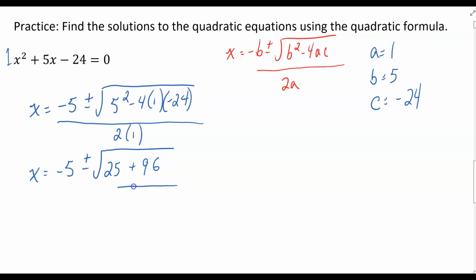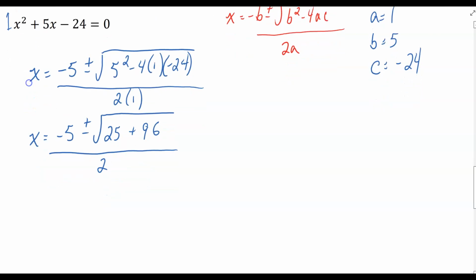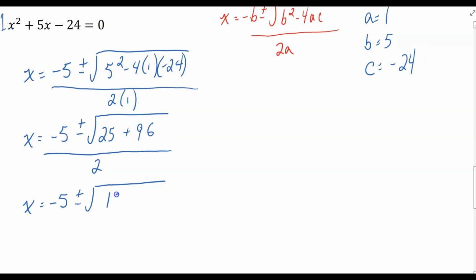We will put this all over 2. X equals negative 5 plus or minus the square root of, well, 96 plus 25, 121, all over 2.